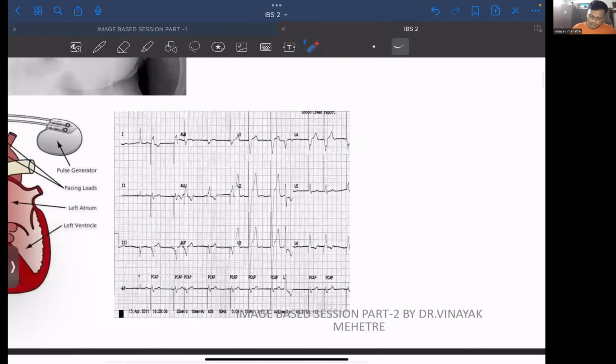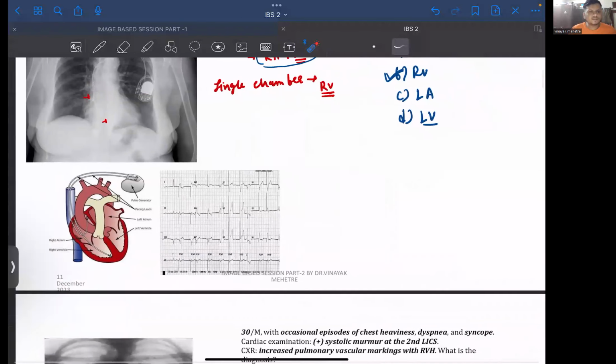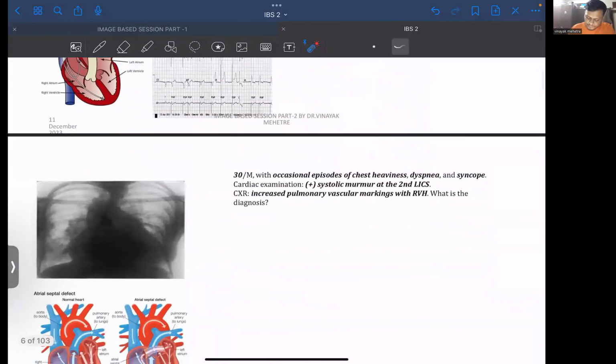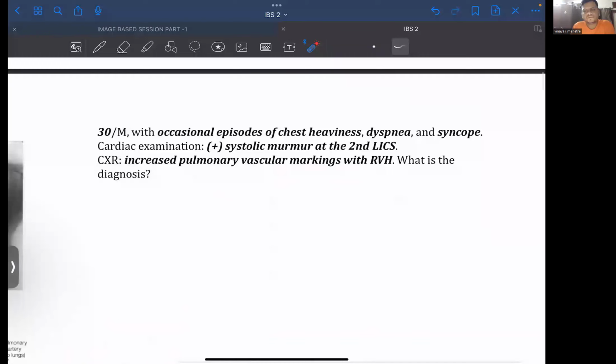Okay. Next, this is the next pattern. A patient with chest heaviness, 30 months old, a child, with a systolic murmur and increased pulmonary vascular markings with right ventricular hypertrophy.